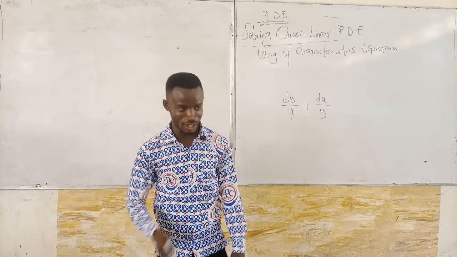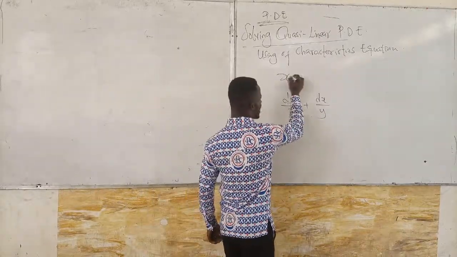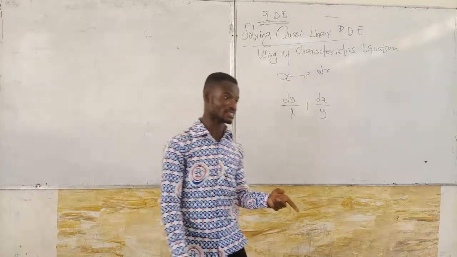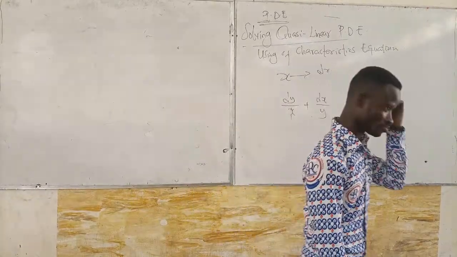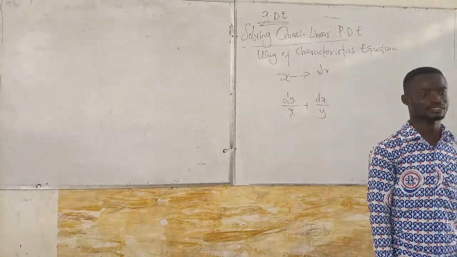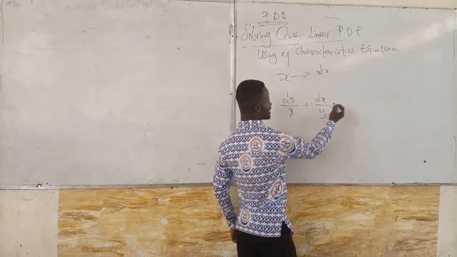I prove all the formulas, all the equivalents. The idea is that if you have x and you differentiate, you get dx. And if you have y and you differentiate, you get dy.